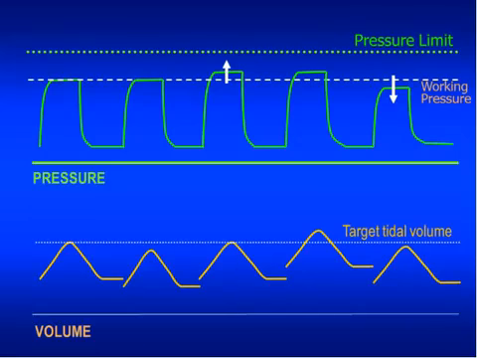But if now the tidal volume exceeds the target, the pressure will be reduced for the next cycle. Now there's a secondary safety control: if the tidal volume during the inflation hits 130%, so overshoots by 30%, the breath will be terminated at that point, and exhalation will begin.